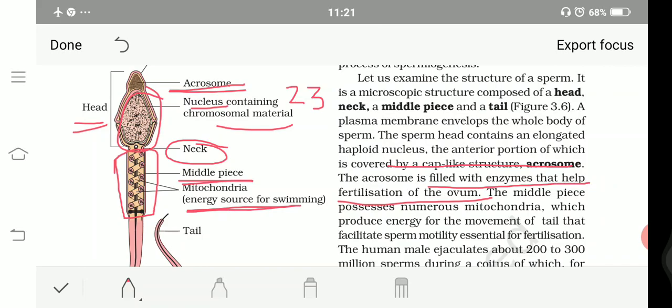If I say that the more the mitochondria, the more the capacity of the sperm to survive, that is very true. This middle piece, being rich in mitochondria, has the ability to conduct the process of movement or swimming.